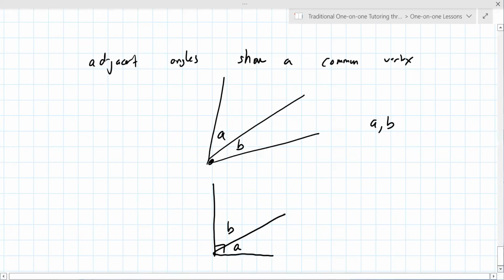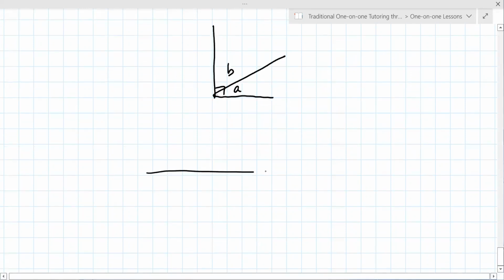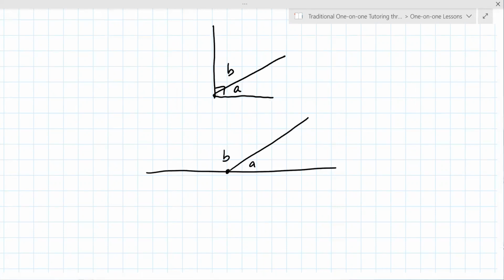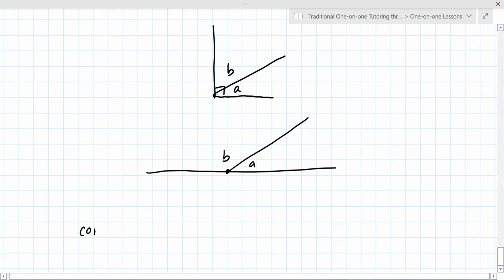In a linear pair, which is the last one here, these also share a vertex. So if it's complementary, it's almost always going to also be adjacent, and the same thing with linear pair.